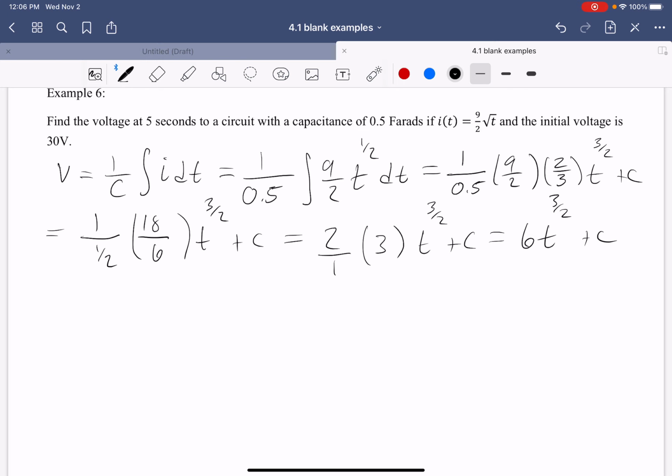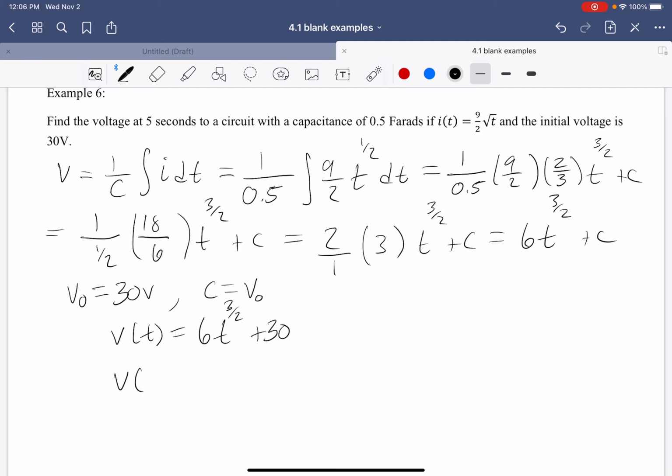Now we know that v0 is 30 and our constant is v0. So the voltage function is 6t to the 3/2 plus 30.